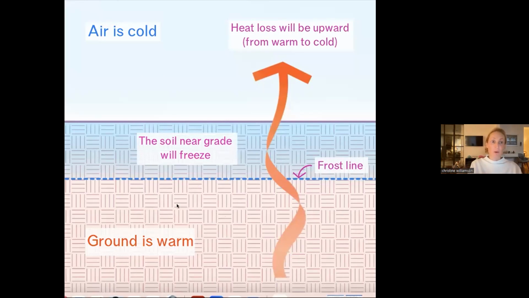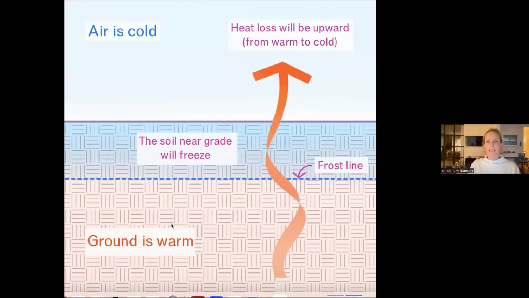But the soil in those same extreme cities is not as cold as the air temperature, right? And that's pretty intuitive for a lot of us. The temperature of the soil underneath the slab of your house or whatever building you're designing ends up being pretty close to the average temperature for the whole year of that city. So not the average high or the average low, but just the average temperature for the whole year.